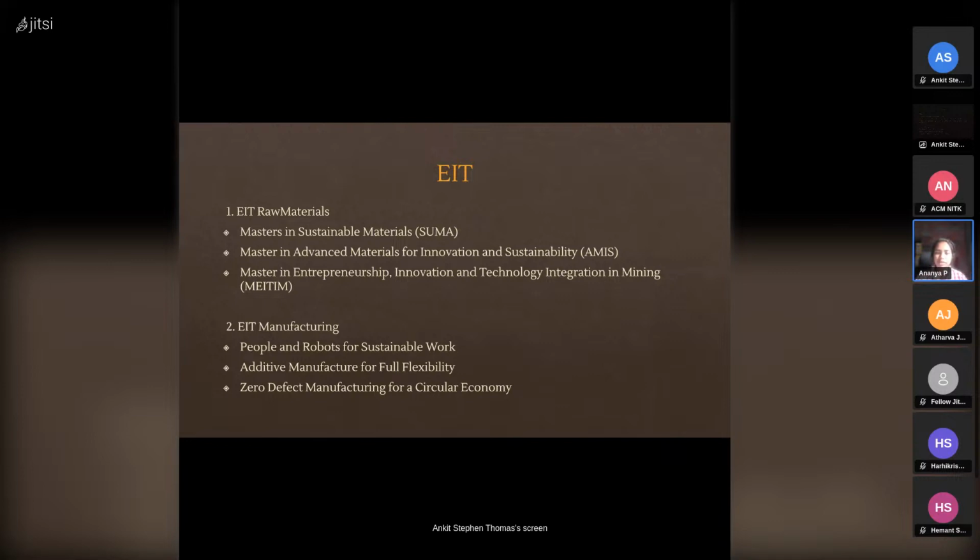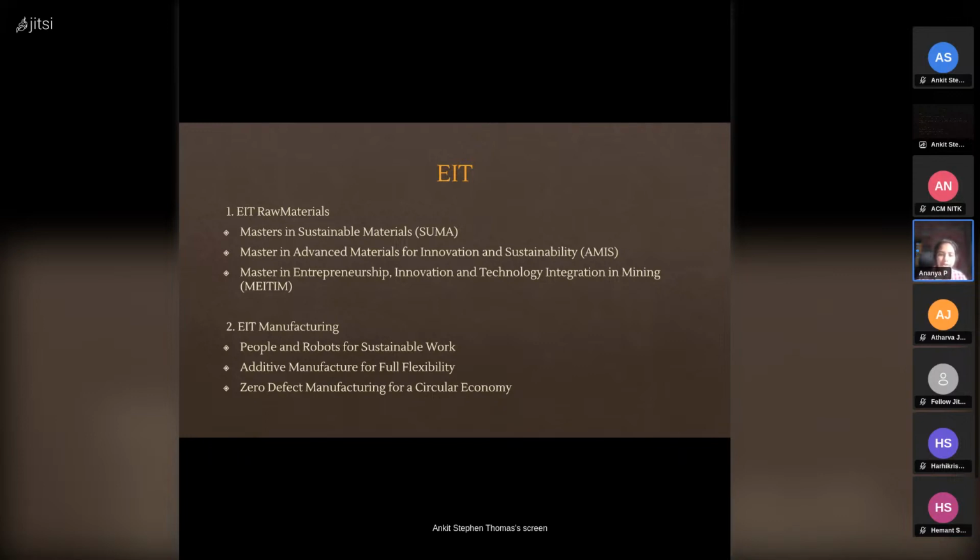Coming to this EIT, why I would suggest this is that when it comes to the Erasmus Mundus programs, the full scholarship is offered to very few students. Barely, I think, one or two students in the whole class get a full scholarship.